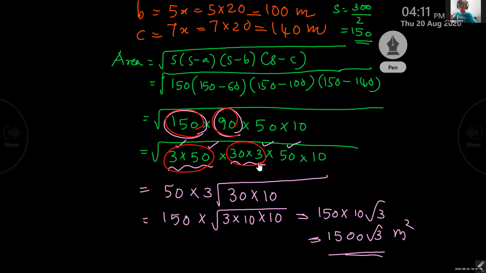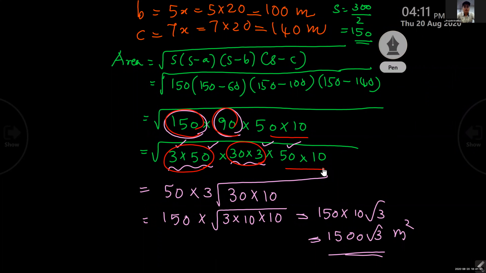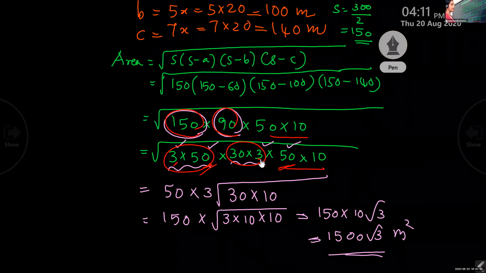And 50 and 10 I wrote like that itself. And from these, 50 I took out. Okay. Then there are 2 3s. That also I took. From one pair I took 3 out. Then inside the square root, it came 30 and 10.